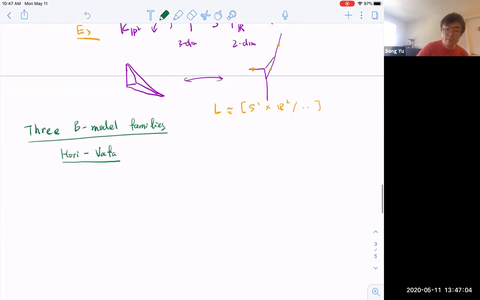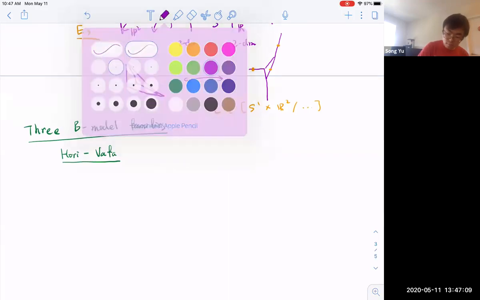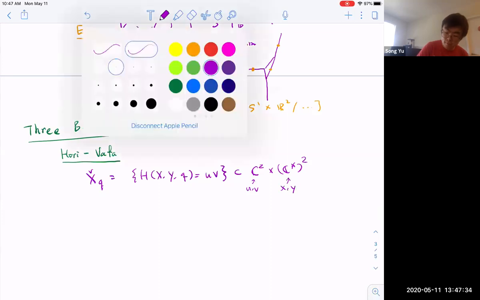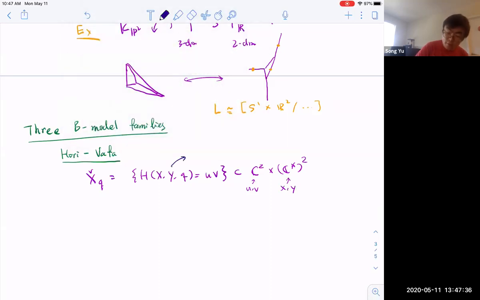This one is a family of also Calabi-Yau 3-folds, given by X_q, the hypersurface H(x, y; q) = uv inside C^2 times (C*)^2. Here u, v are coordinates in C^2 and x, y are coordinates in C*, and this H is a polynomial depending on the toric data of X.